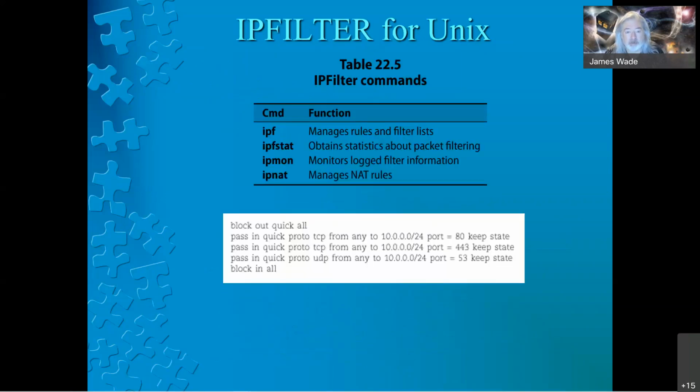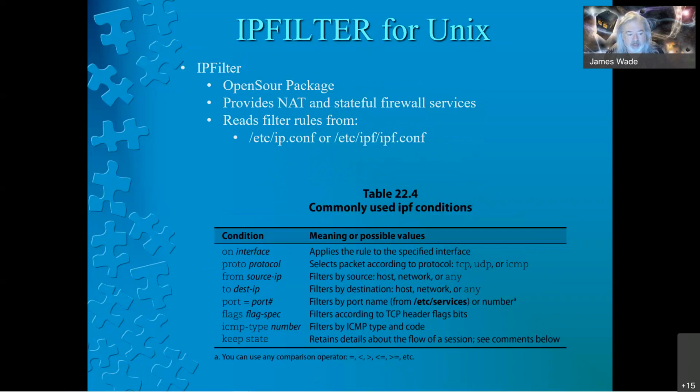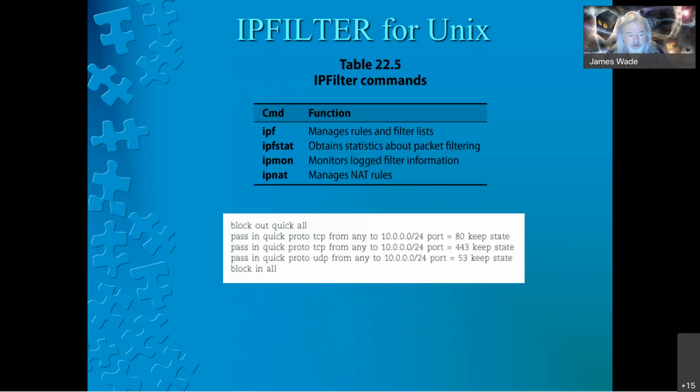But you have IP filter or IP tables, okay? And the commands are slightly different, okay? Want to make sure I clarified that. And here we go, port 80. So we're basically allowing anything on the 10 subnet to access port 80, 443, and 53. 53 is DNS.